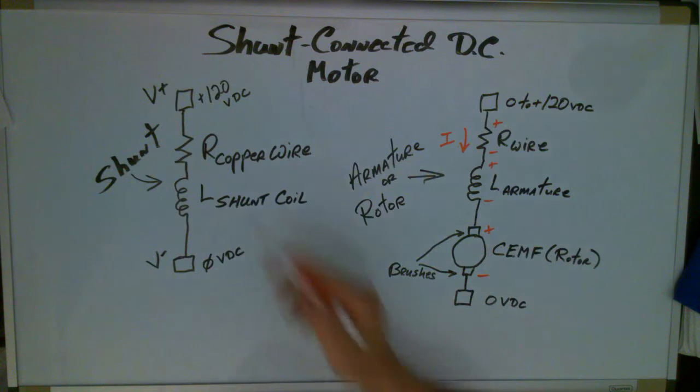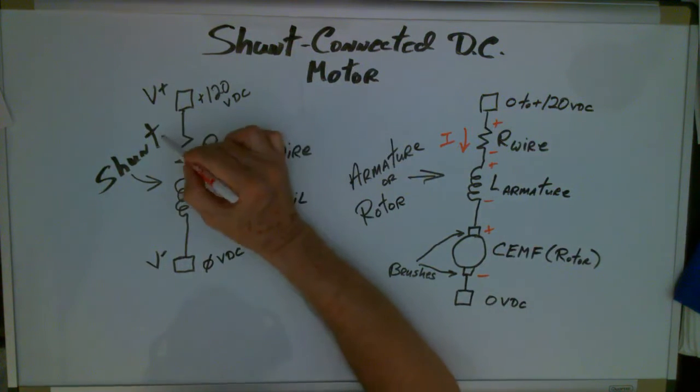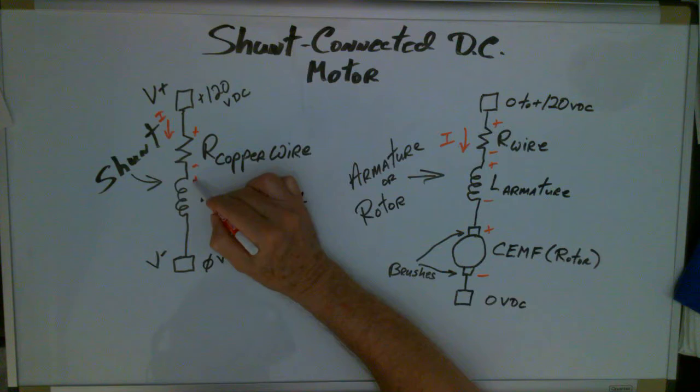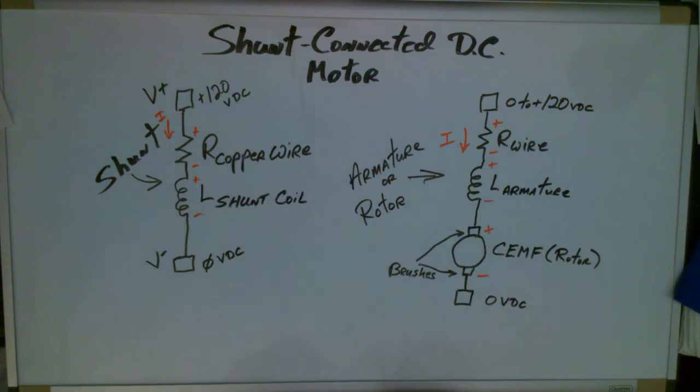If I come over here and I say the same thing, then it has to be positive, negative, positive, negative. Those are the polarities of the voltage drops across those various items.